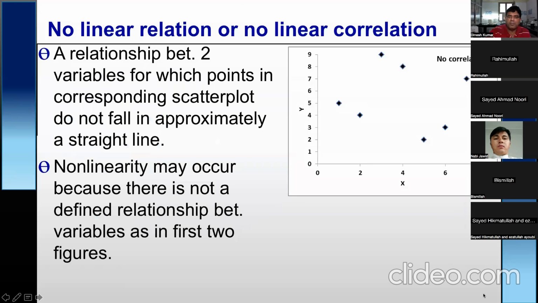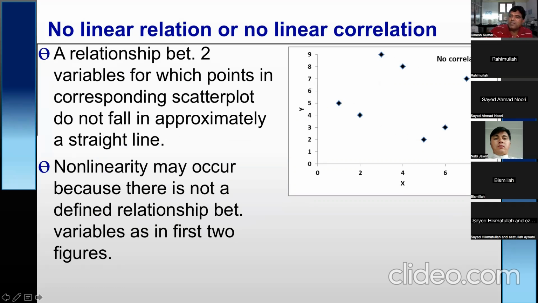So there may be some non-linear relation or no linear relation. You can see this is a scatter plot. No trend is shown. A relationship between two variables for which points in the corresponding scatter plot do not fall in approximately a straight line.